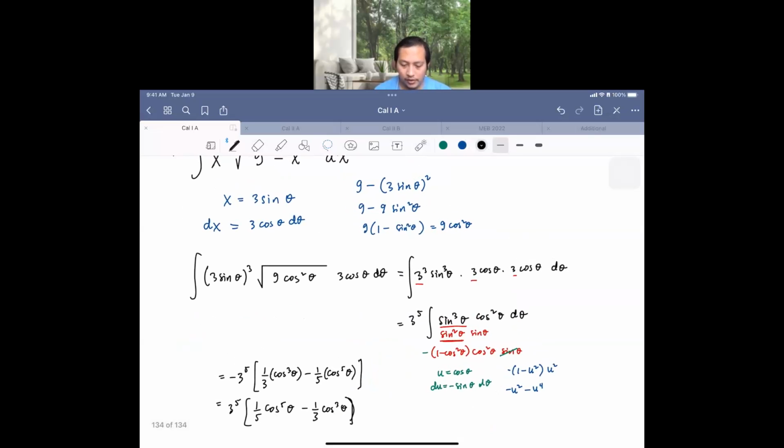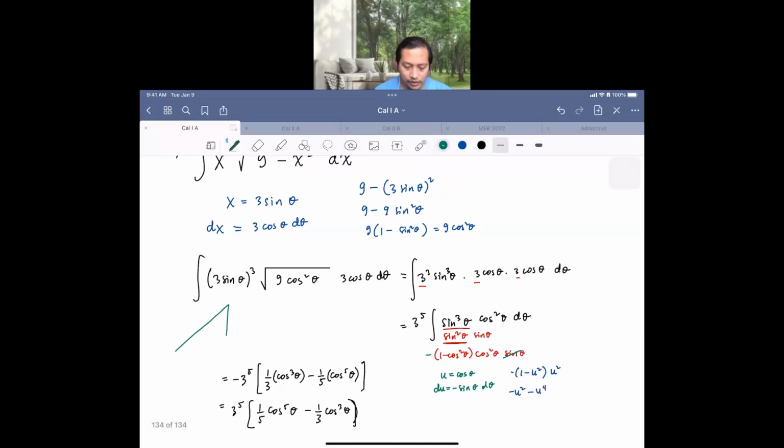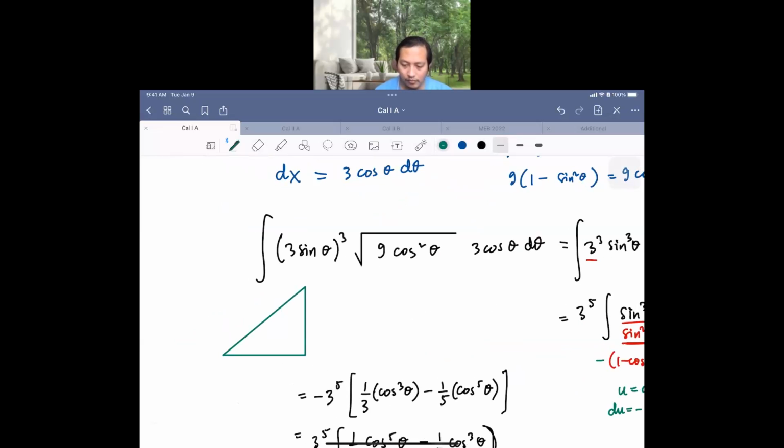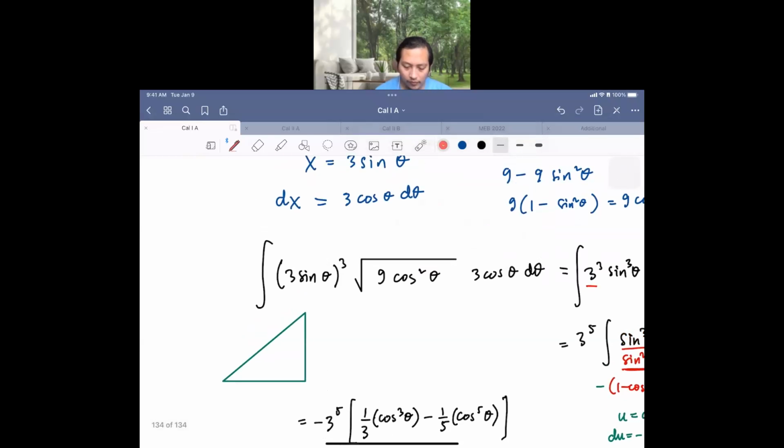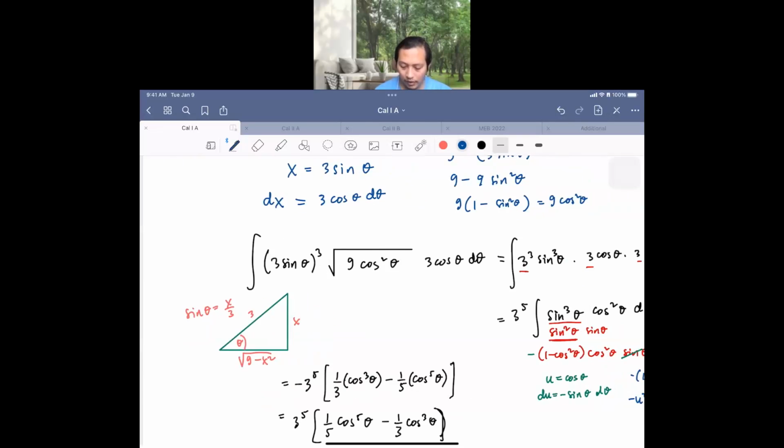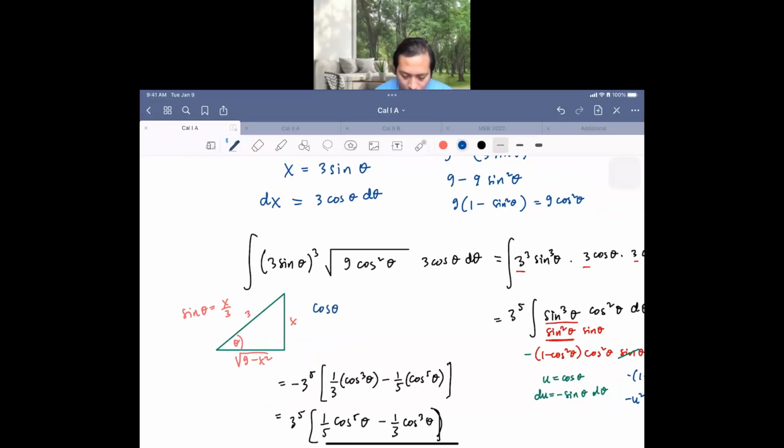Okay, now let's do some triangle. Sine theta is x over 3. So the opposite is x, the hypotenuse is 3, and the adjacent is the square root of 9 minus x squared. So our cosine theta will be the square root of 9 minus x squared over 3.